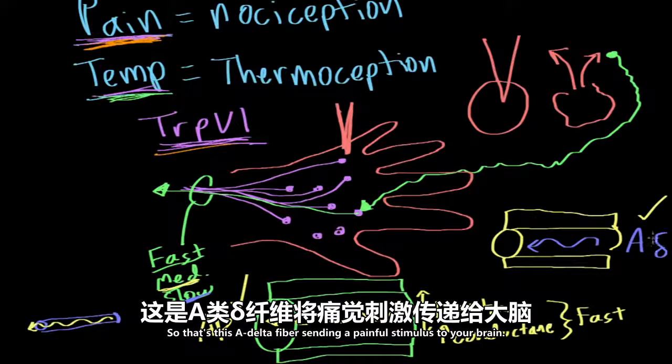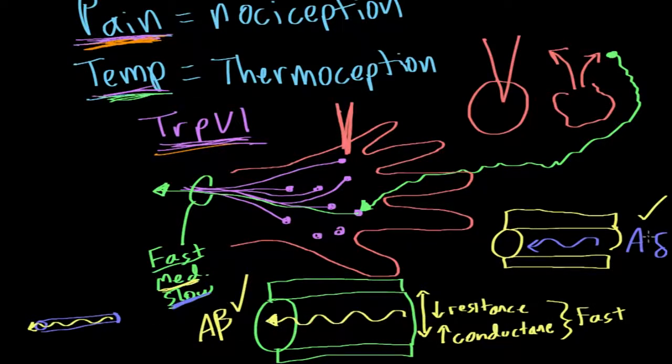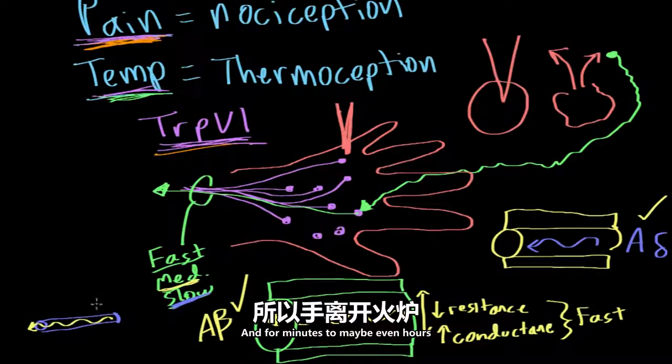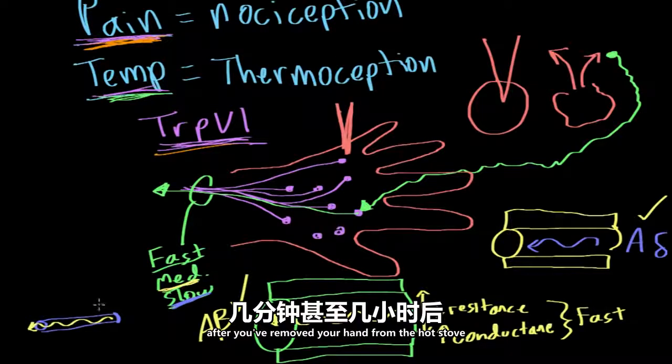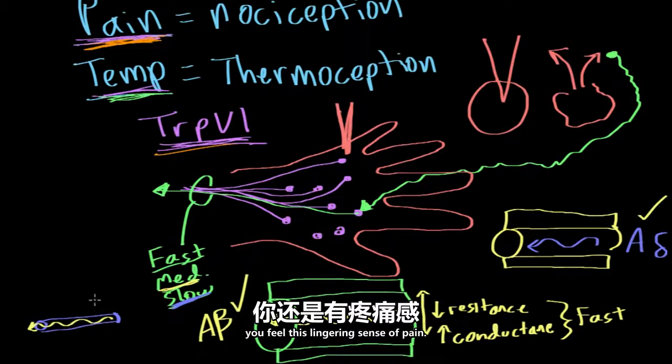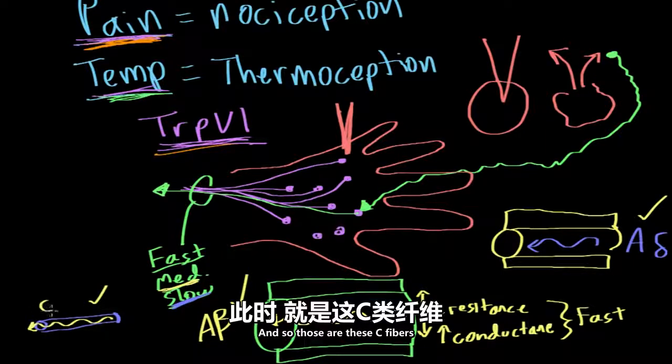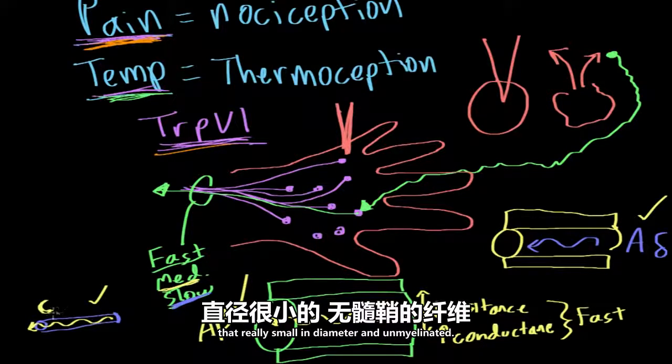So that's this A delta fiber sending a painful stimulus to your brain. And for minutes to maybe even hours after you've removed your hand from the hot stove, you feel this lingering sense of pain. You feel this burning sensation. And so those are these C fibers that are really small in diameter and unmyelinated.